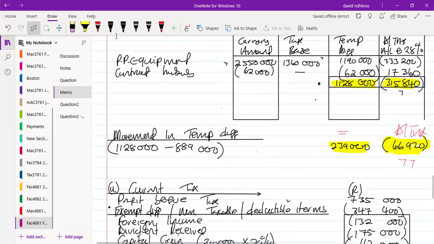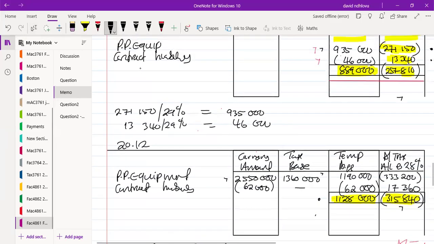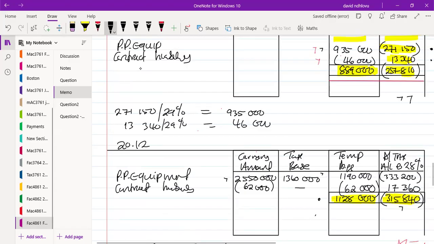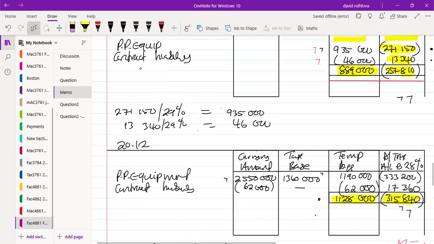When you think about it, we are saying on your deferred taxation, you had a figure of 257 in the prior year. Now you have a deferred tax liability of 315. Now, when a liability increases, it is because of an expense. There has been an increase in the expense.